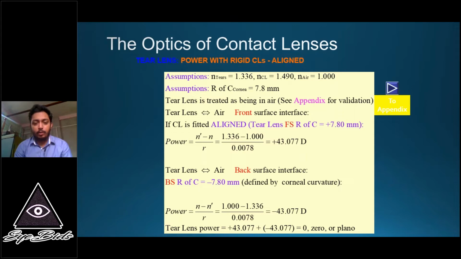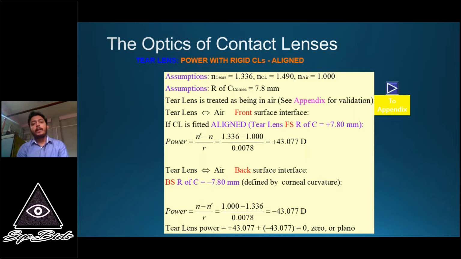If you see the calculation, it looks a little bit complicated, but it's not at all. Just look at the equation. The equation is written: the power F equals n dash minus n by r. Here n dash is the refractive index of the substance, and n is the refractive index of the medium before it.